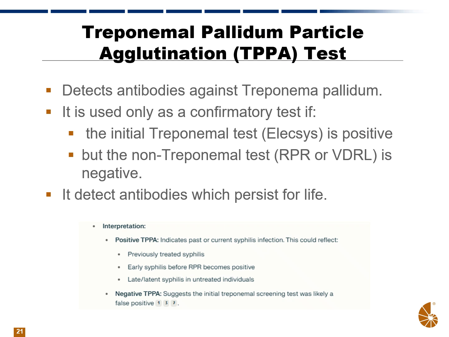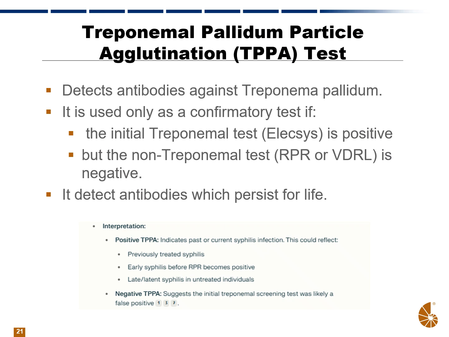This TPPA test detects antibodies against Treponema pallidum. It's used only as a confirmatory test if the initial test in this new algorithm is positive, but the RPR or non-treponemal test is negative. And it detects antibodies which persist for life.